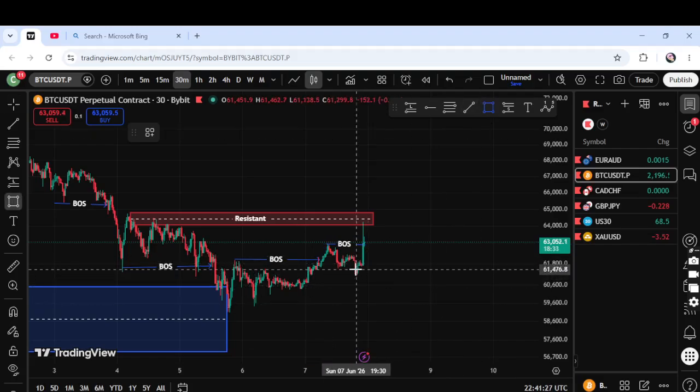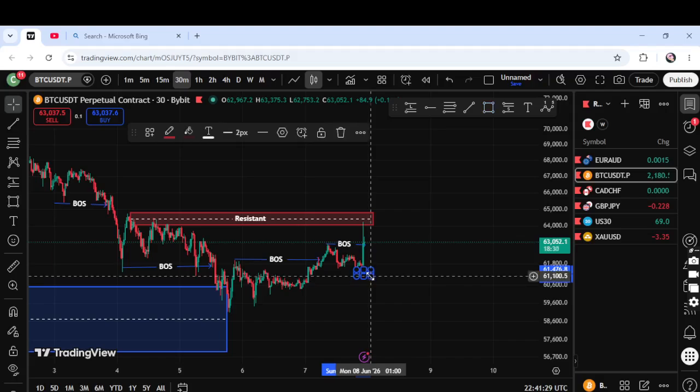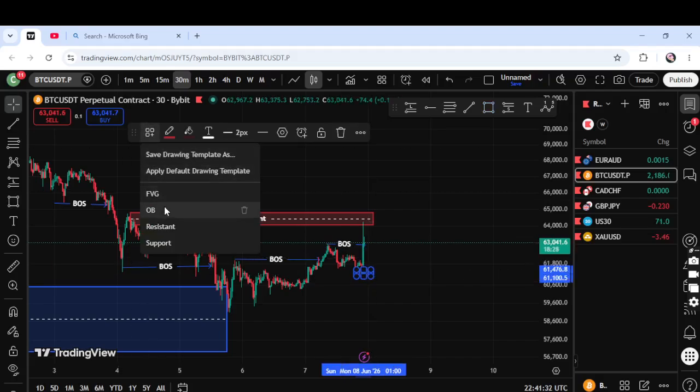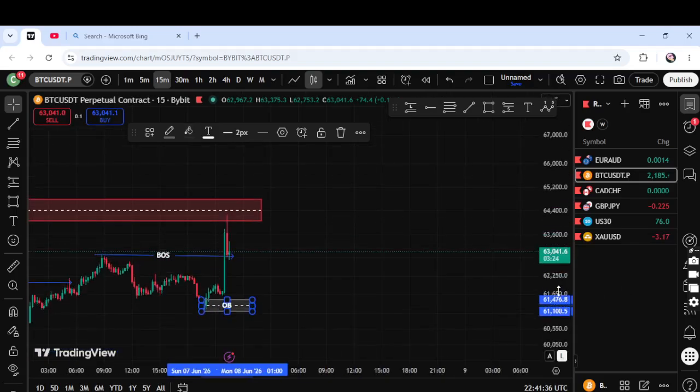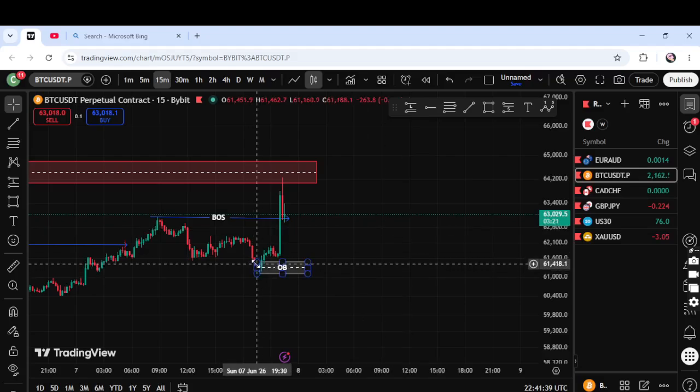You have another block here. 15 minutes, or entry time frame. Position here.